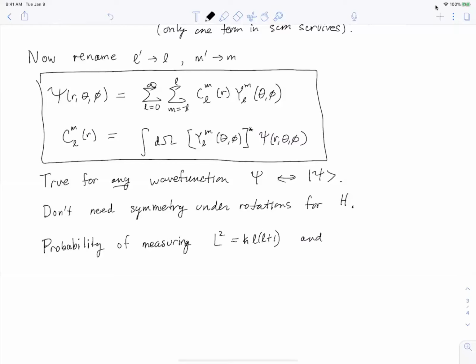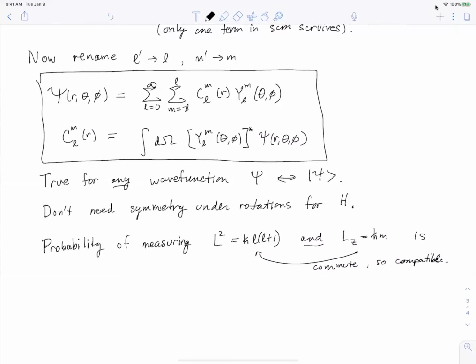And I could measure simultaneously or compatibly L sub z, which gives me h bar times an integer. These commute, so they're compatible. So I can, if I want, measure one of them or both of them at the same time.